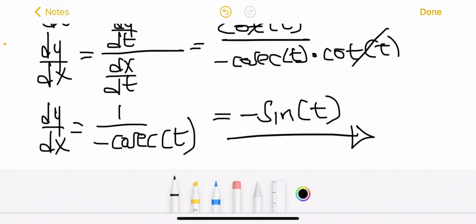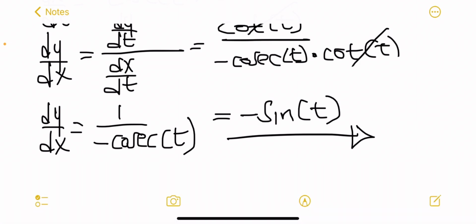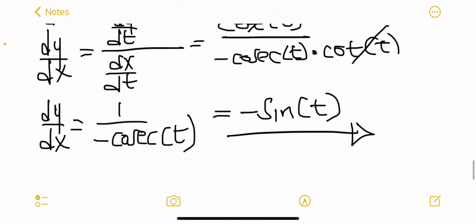So the question didn't say find dy over dx. It said find d squared y over dx squared, the second derivative, not the first derivative. So how do we continue from that?